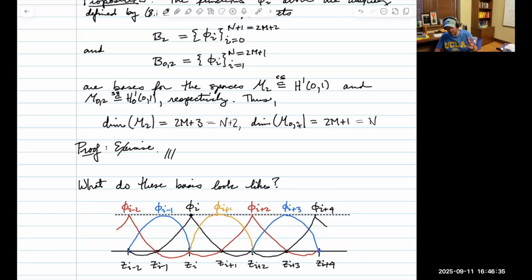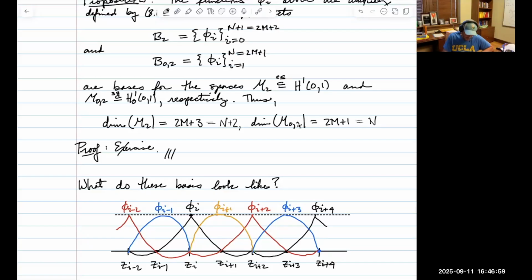I claim that this can be done. And the second thing is I have to show that the basis elements are all linearly independent. The easiest way to do this is to make a linear combination and set it equal to 0, and show that the only way that can be satisfied is through the trivial expansion. So I'll leave those to you.